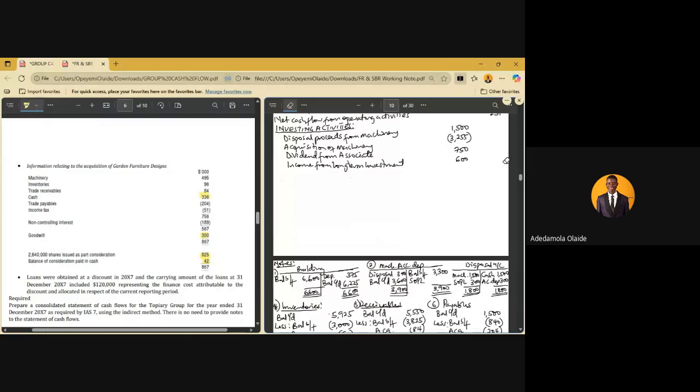But that's an inflow because the net cash we are acquiring is more than the one we pay, 294. So this is what we have.